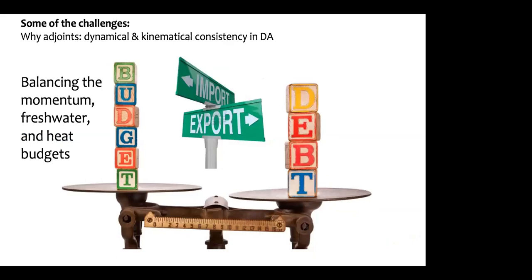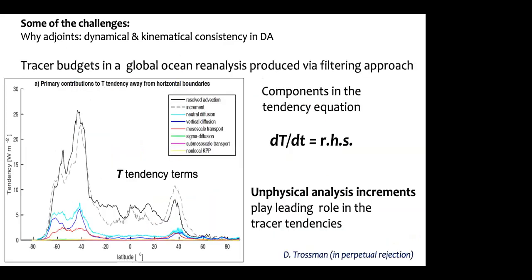And as an example of showing you how not conserving property budgets can be a problem, this is a figure from a colleague who has been trying to publish it and is not successful, but I think it's a very instructive figure, and I hope he will be able to publish it at some point.